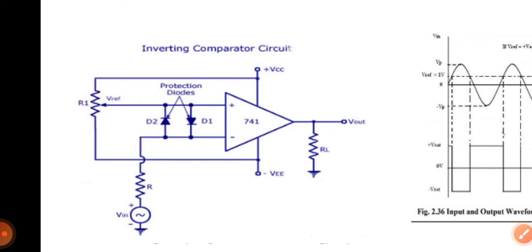The pot forms a voltage divider with the DC supplies, plus VCC and minus VEE. This is directly connected to these two DC supplies.